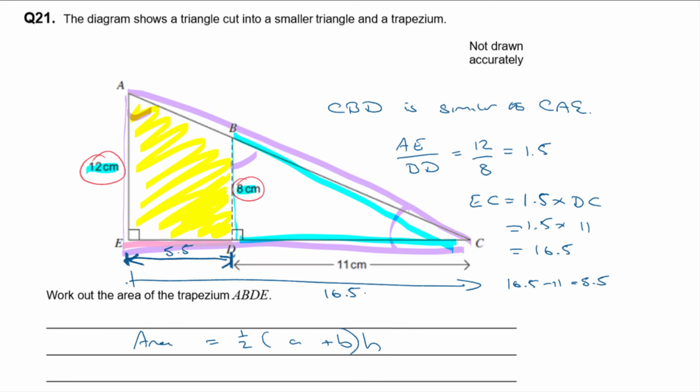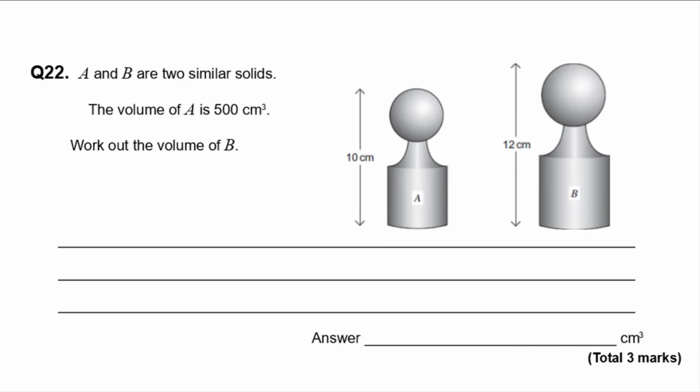That's the formula for a trapezium, isn't it? So that's half lots of my 2 parallel sides, 8 plus 12, times the distance between them, which is 5.5. Okay, so 8 plus 12 is 20, divided by 2 is 10, and 10 times 5.5, that's 55. So that's going to be the area of the trapezium then, isn't it? 55 square centimeters.